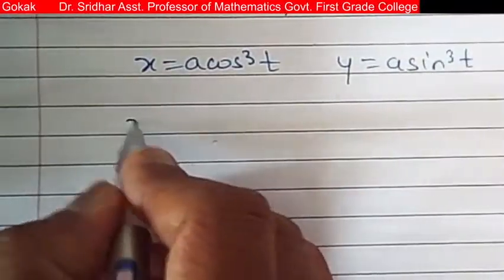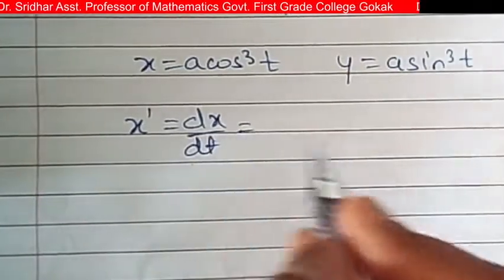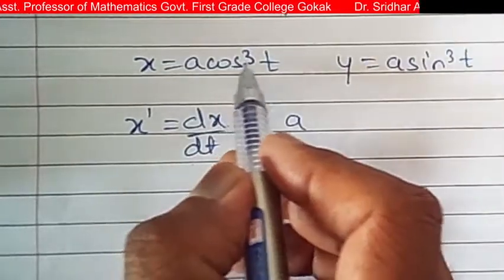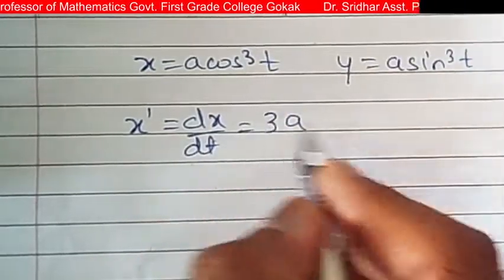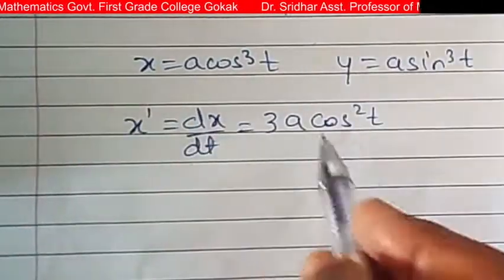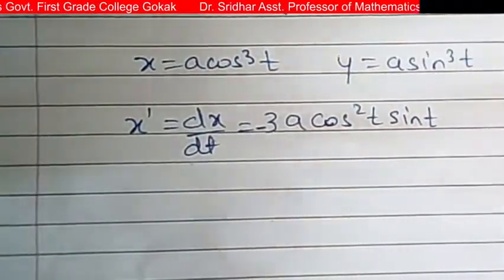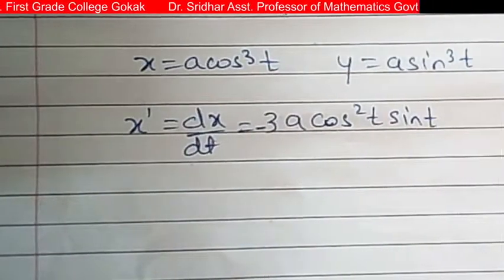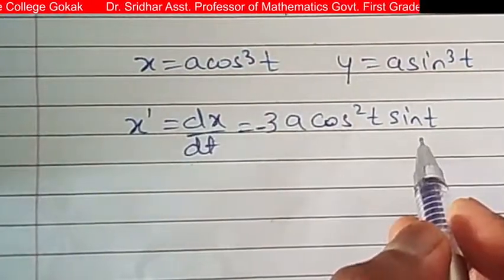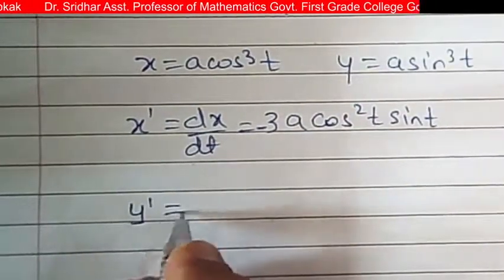So now we find x dash, which is dx by dt, equal to: a is constant, differentiation of cos cube t is 3 cos square t into differentiation of cos t, which is minus sin t. So x dash is minus 3a cos square t sin t.